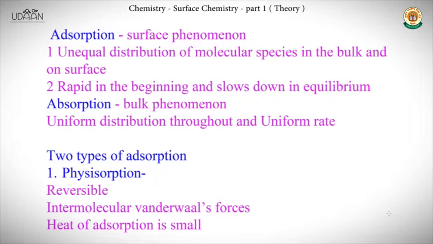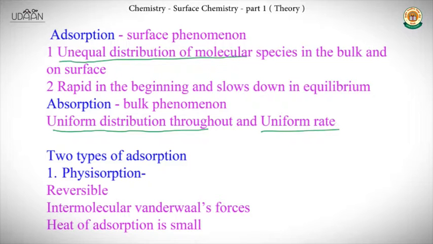Two major points of difference: in adsorption, unequal distribution of molecular species takes place between the bulk and the surface, while in absorption there is uniform distribution throughout. Another point is that adsorption is rapid in the beginning and slows down as it reaches equilibrium, so it kind of saturates, and absorption follows a uniform rate throughout.